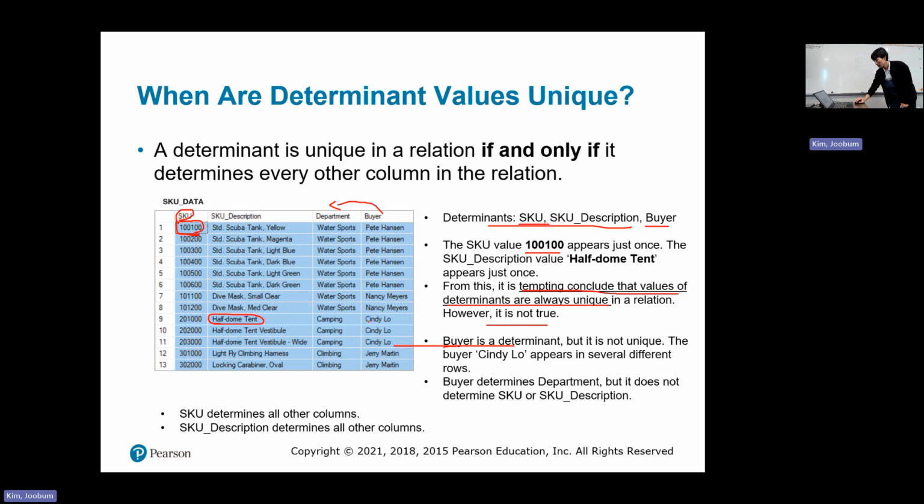Cindy appears 3 times in the buyer column, but is still associated with one value, camping, though it appears 3 times, not just once. Make sense? Okay.